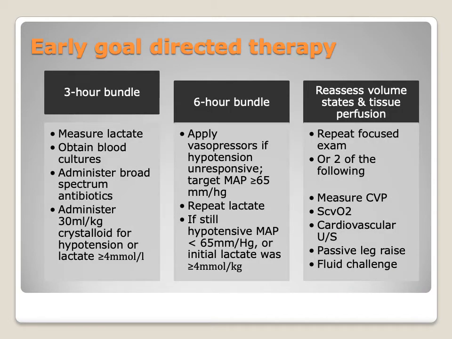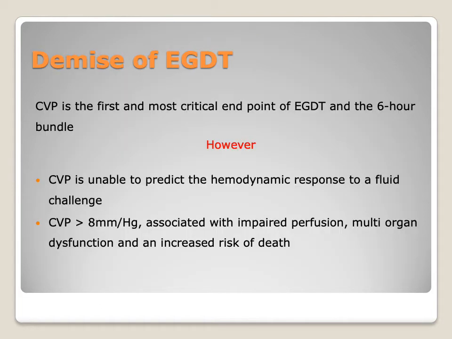Early goal-directed therapy then divided their protocol into timely bundles from the time the patient comes in. They divided into a first 3-hour bundle, a 6-hour bundle, and then reassessing the patient's status volume-wise and tissue perfusion according to the columns demonstrated here.